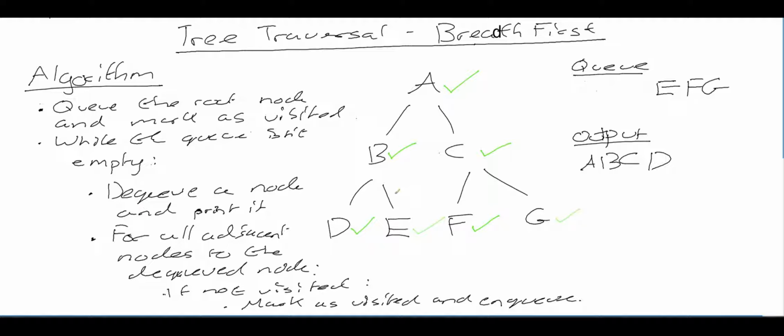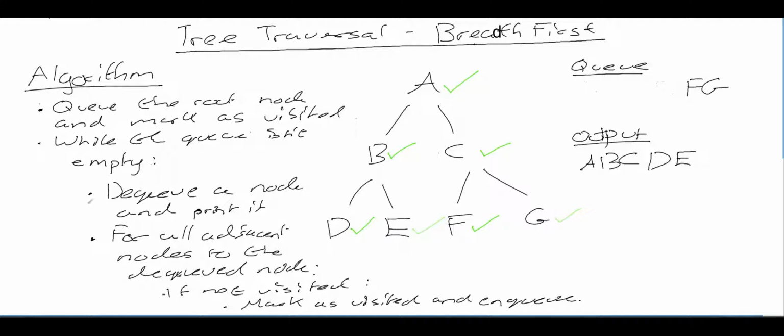Well, there aren't any nodes that are adjacent to D that haven't been visited already, so we don't need to do anything. Then we go back to the beginning of our while loop and we dequeue a node and print it out. So we're going to dequeue E and we print it out. Then, as with D, there aren't any nodes that are adjacent to E and haven't been visited, so we don't need to do anything.